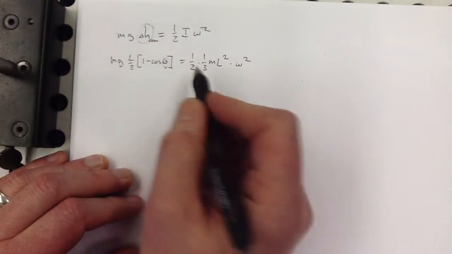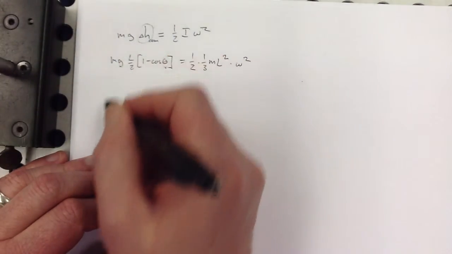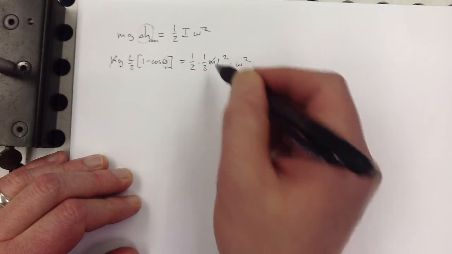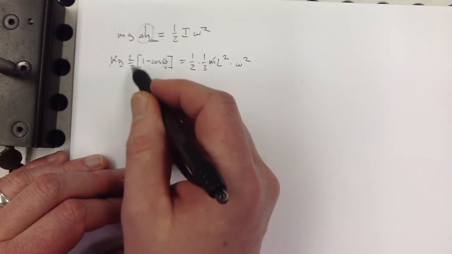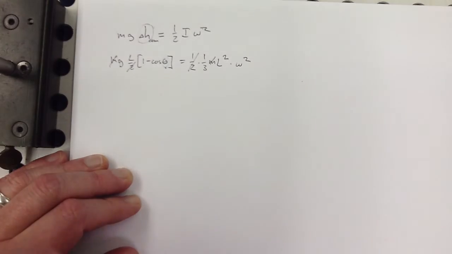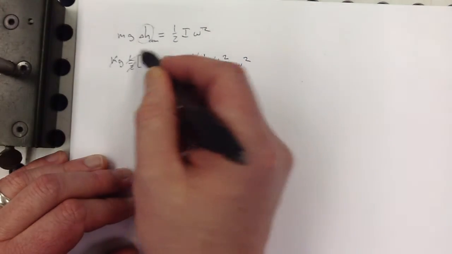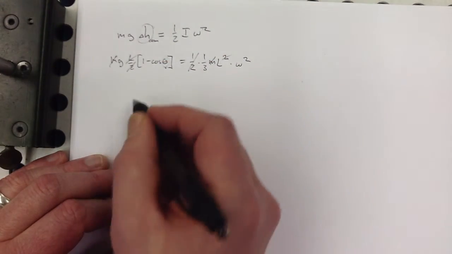Now I'm going to take this expression and we'll clean it up a little bit. The m's cancel out. These 1/2s can cancel out. One of the l's can cancel out.